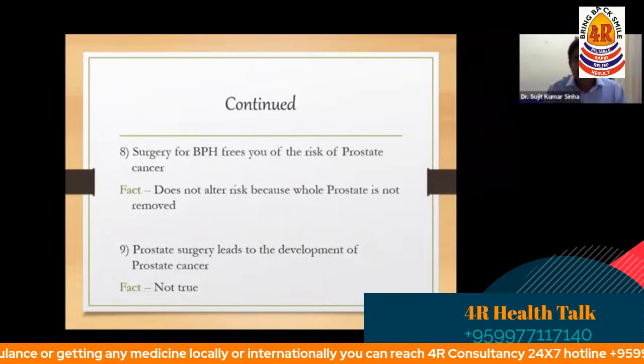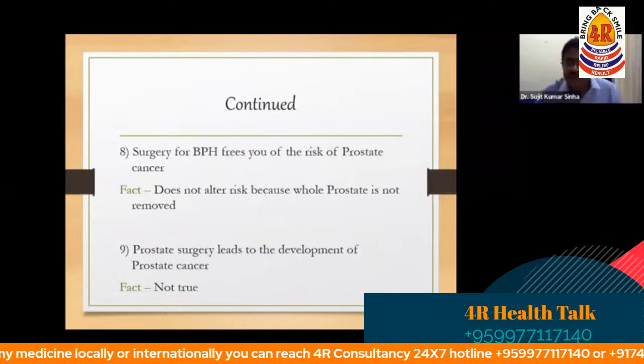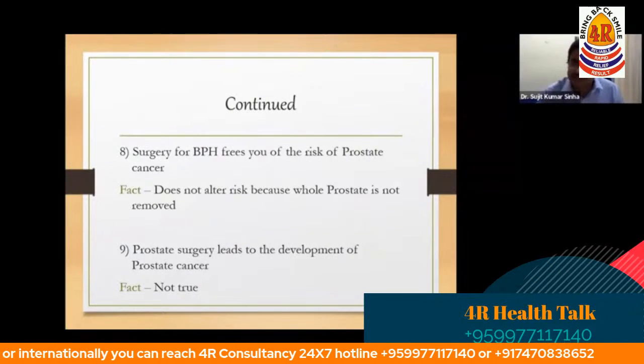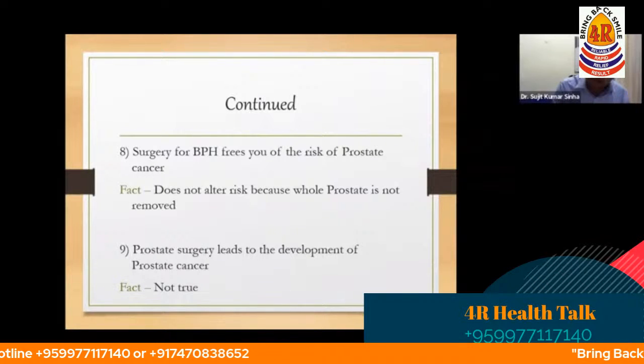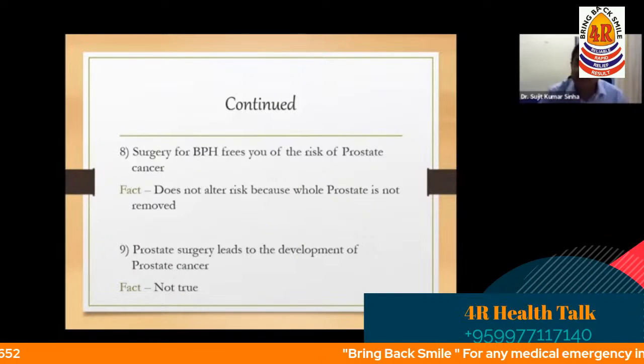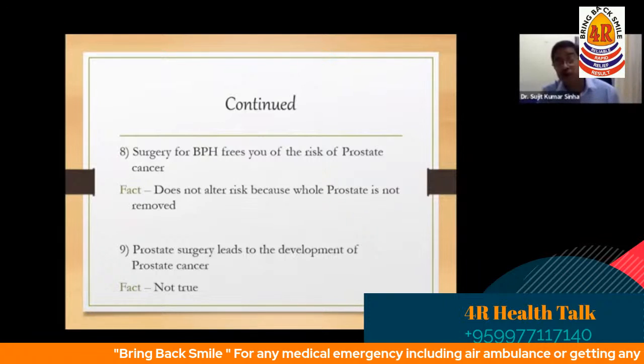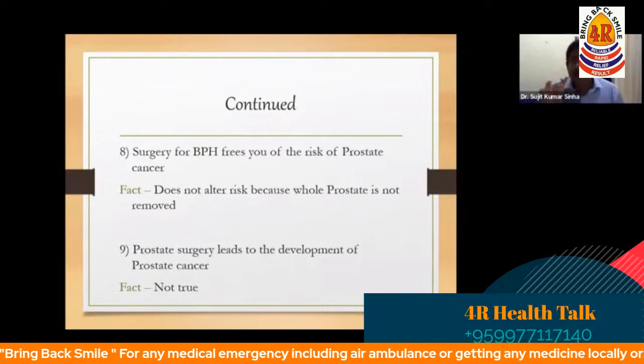And so you might ask, why don't we remove that part as well when we are operating on the prostate? It is because removing the whole prostate, including the transitional zone and the peripheral zone, is a big procedure. It is only undertaken when we are operating on a prostate cancer patient, for localized prostate cancer.